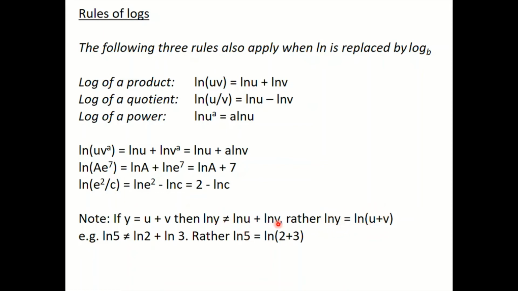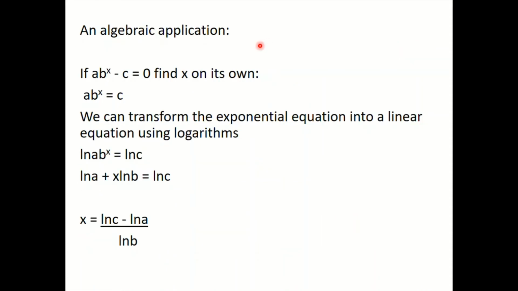Doing it the other way is incorrect. For example, the natural log of 5 is not equal to the natural log of 2 plus the natural log of 3. Rather, the natural log of 5 will be equal to the natural log of 2 plus 3, which would be equal to 5. Let's now work with an algebraic application.